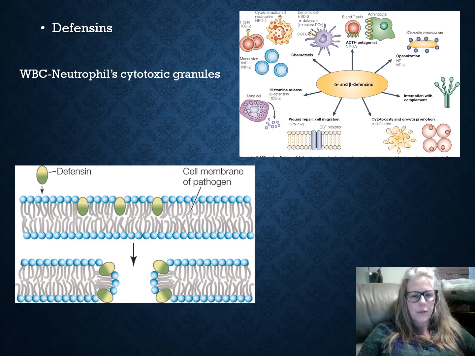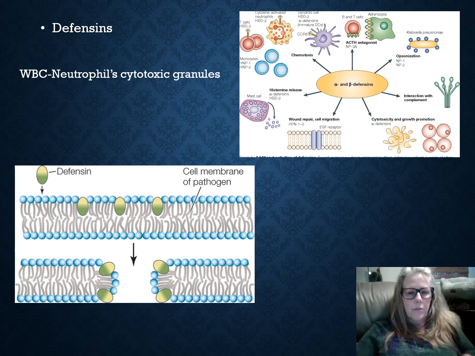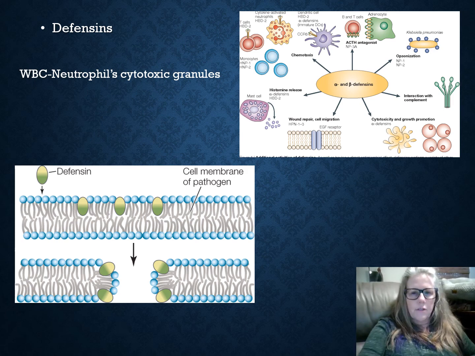And what they do is they will poke holes in cell membranes. Now, in the cell membranes of, let's say, bacteria and fungi and even some viruses, they will poke holes in their structure. I chose this picture over to the side because I like that it gives you the visual.